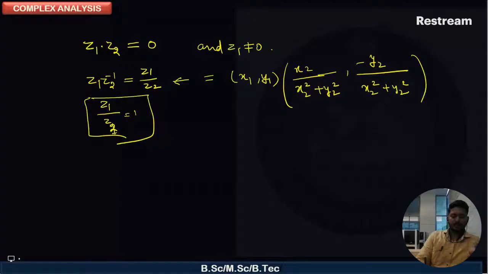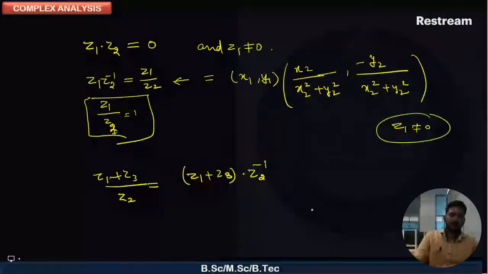These are used for the expression z1 equal to (x1, y1), z2 equal to (x2, y2), where z2 is not 0. Now the property: z1 plus z2 times z3 is z1 z3 plus z2 z3, written like this. So z1 times z3 inverse plus z2 times z3 inverse, you write like this: z1 upon z3 plus z2 upon z3.